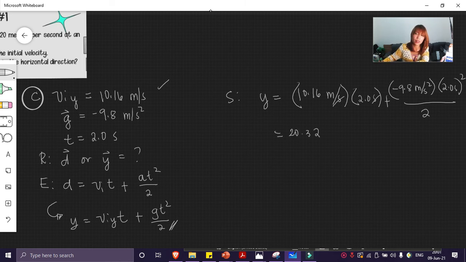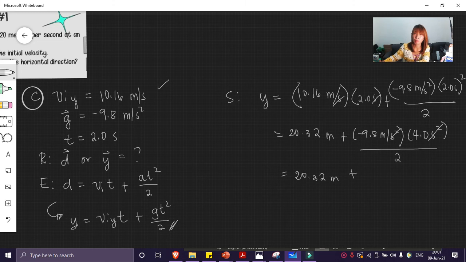Cancel the seconds. That will be meters, plus negative 9.8 meters per second squared. Then 2 squared is 4.0 s squared over 2. Cancel s squared. That is 20.32 meters plus negative 9.8 times 4.0, negative 19.6 meters.